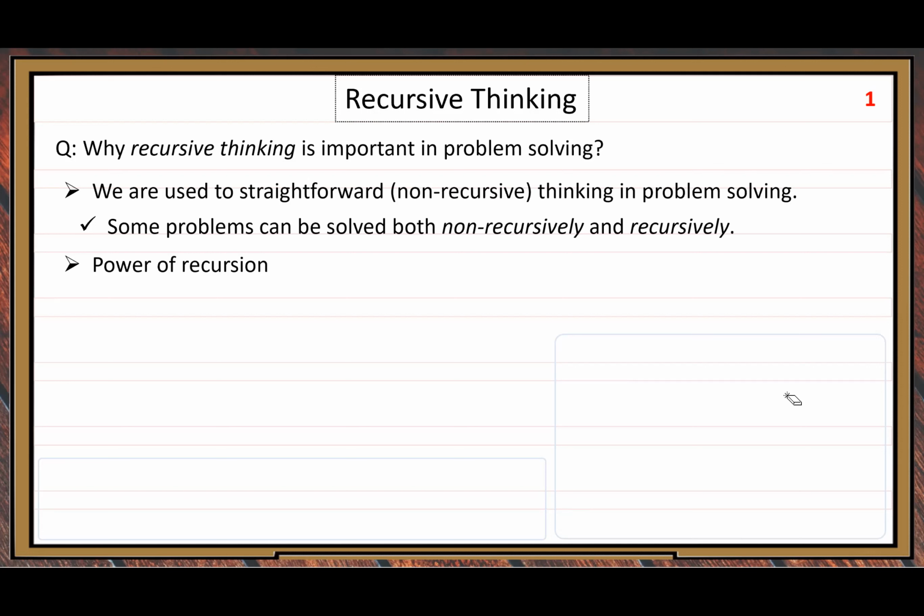Let me give you a straightforward understanding. Why do we say it's powerful? You can use a relatively simple implementation to solve some very difficult problems. That's the meaning of the power.